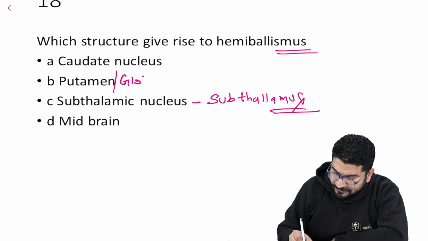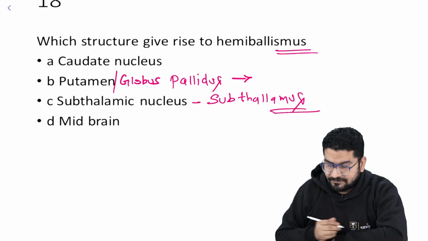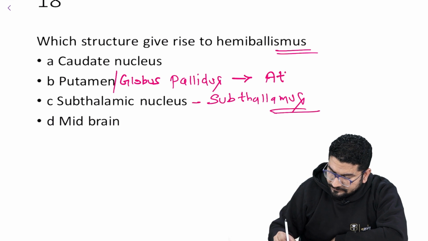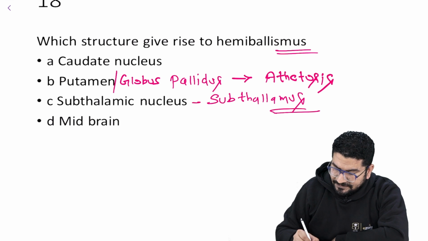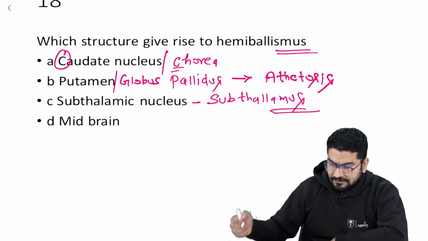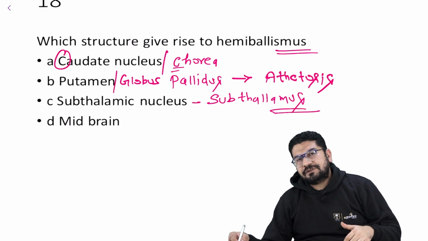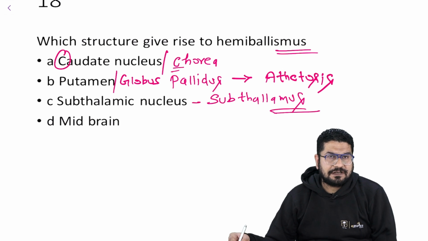If there is damage to the putamen or globus pallidus, then the patient will develop something called athetosis. And if there is damage to the caudate nucleus, C for caudate, C for chorea, the patient will develop chorea. So these are three movement issues which you can see, and you already know that if there is damage to the substantia nigra, then the patient can develop Parkinson-like features.